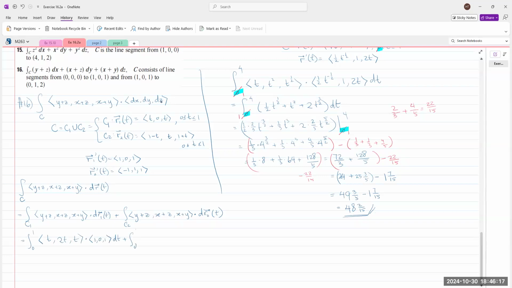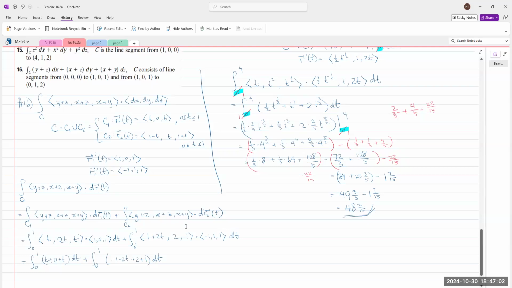Plus the integral from 0 to 1, y plus z is 1 plus 2t, x plus z is 2, x plus y is 1, dot (negative 1, 1, 1) dt. So the integral from 0 to 1 of t plus 0 plus t dt, plus the integral from 0 to 1 of negative 1 minus 2t plus 2 plus 1 dt.